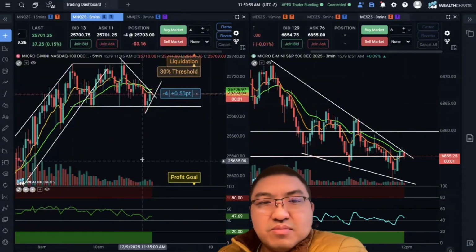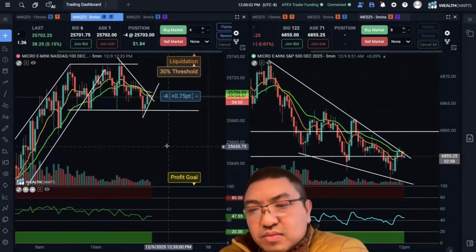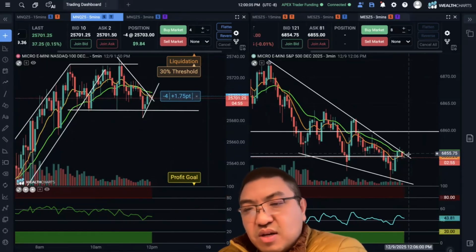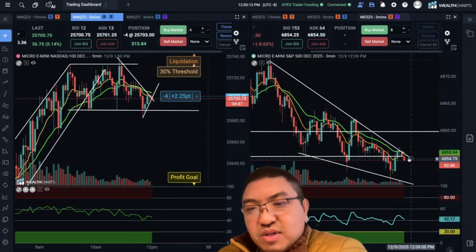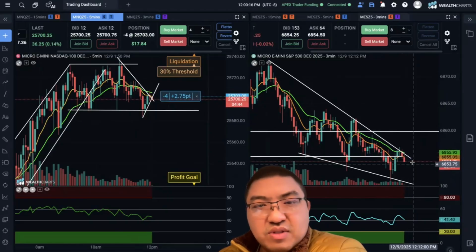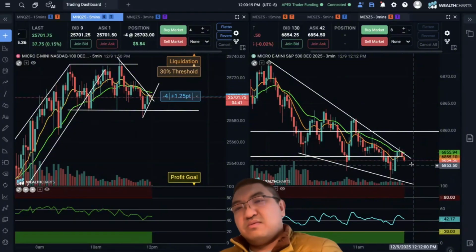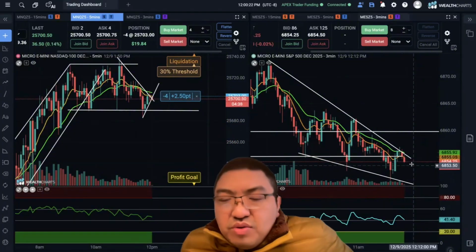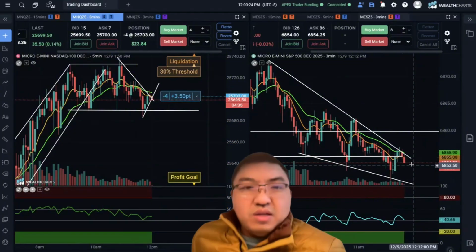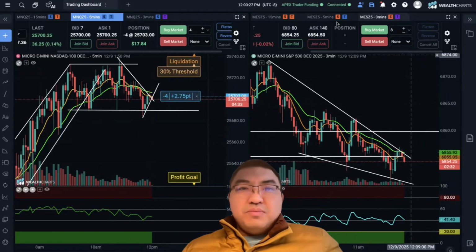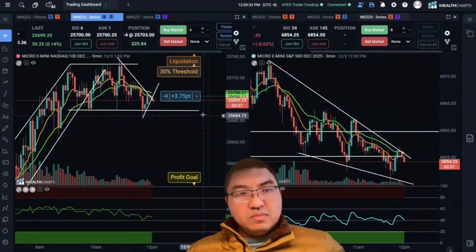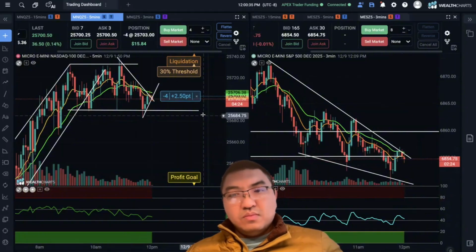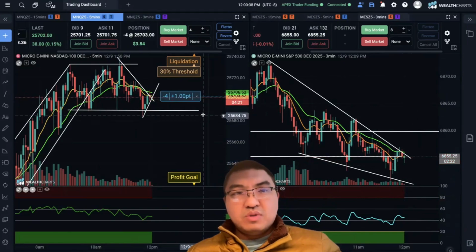That's not that precise. See if it's trying something around here, that means it's trying to break out to the upside. Sellers resume control of the market.